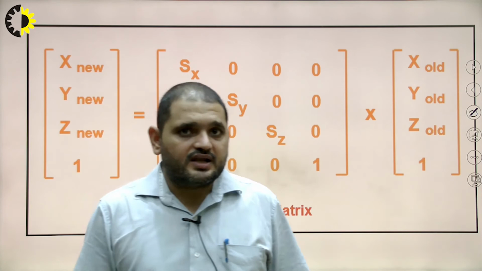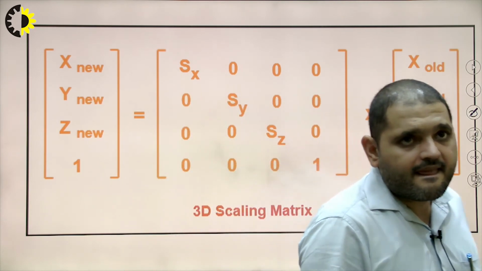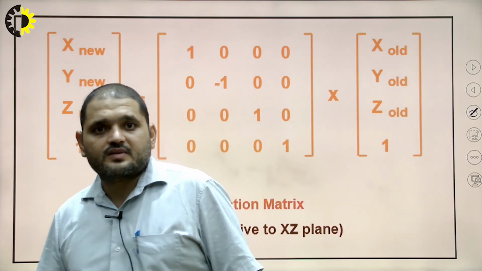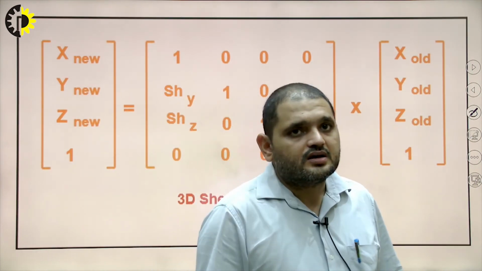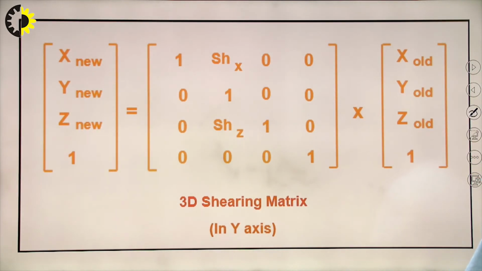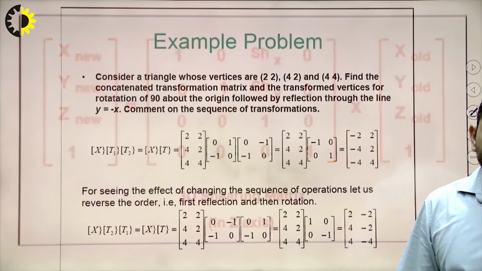Now this is for scaling, this is the reflection matrix, and this is the shearing matrix.